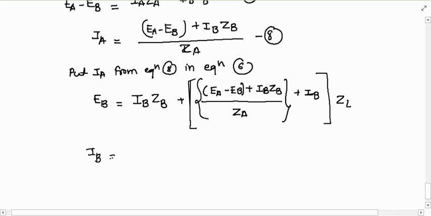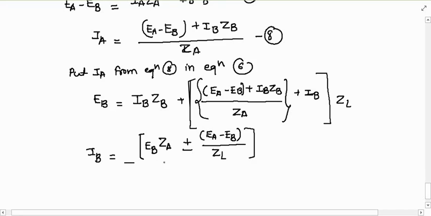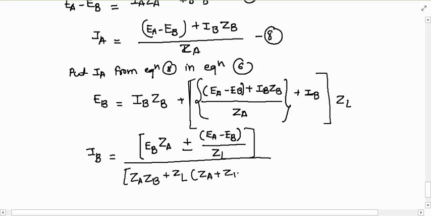IB from this we will get equal to EB into ZA plus minus EA minus EB divided by ZL, upon ZA ZB plus ZL into ZA plus ZB.